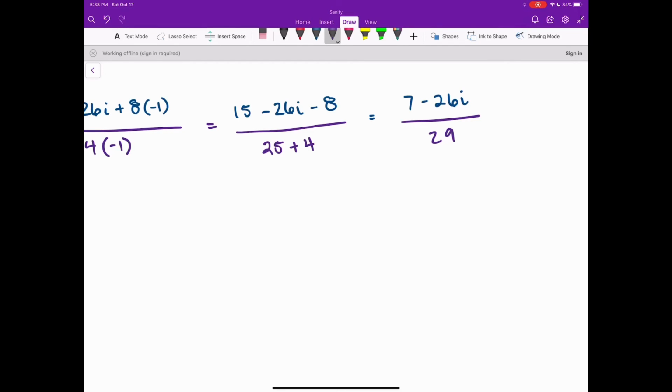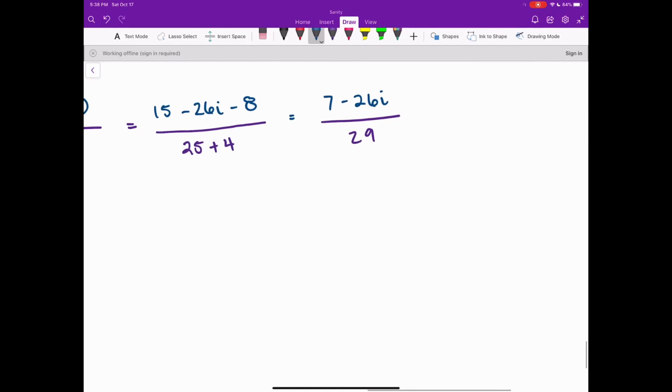Let's actually go one more step further. So this technically isn't a complex number right now because we haven't written it as a real part and an imaginary part. We're thankful that we don't have an imaginary number in the denominator, right? If we wanted to write this as a complex number, well, my real part would be 7 over 29.